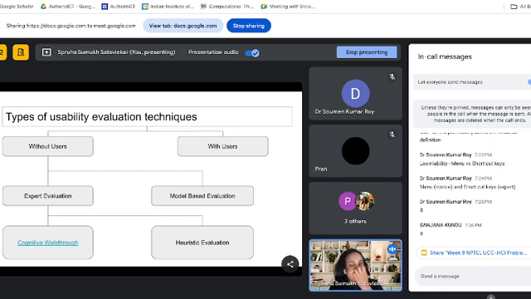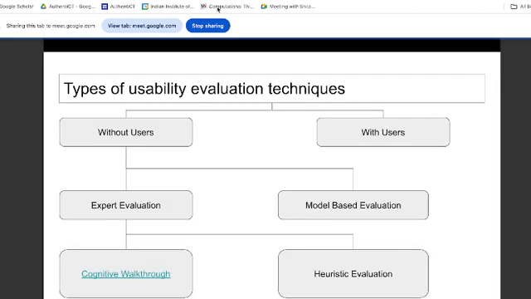Expert evaluation is somebody from the design or development team who acts as a tester of this application. They provide feedback through the cognitive walkthrough or heuristic evaluation method. Even though the title says expert evaluation, it is not the expert user. We are not going to the user, that's why it's in the category of without users.